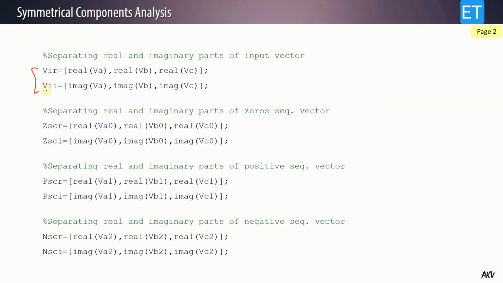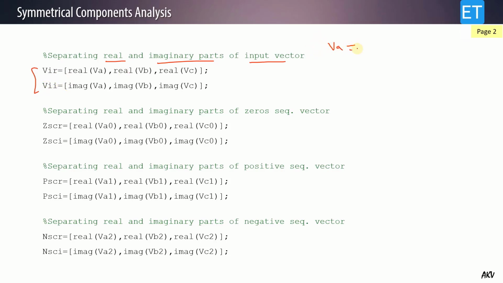In these two lines, I'm separating the real and imaginary parts of the input vector, which is VA, VB, and VC. All real parts go into VIR and all imaginary parts go into VII.